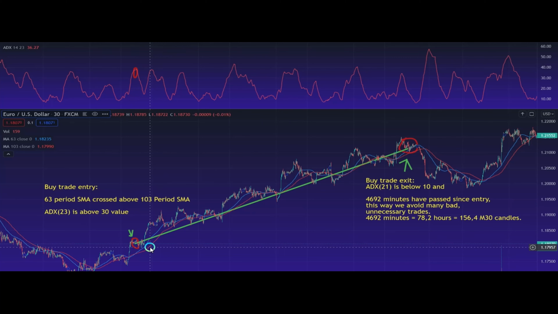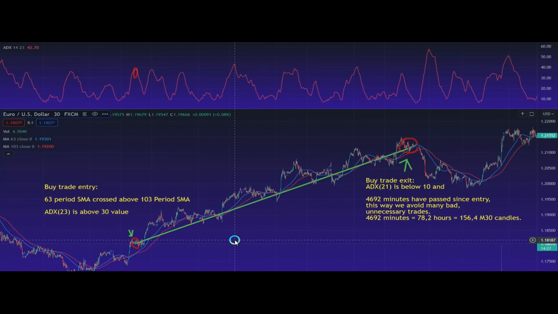So our strategy is really simple. We take a buy trade when the two moving averages cross, and in this case the 63 moving average crossed above the 103 moving average.